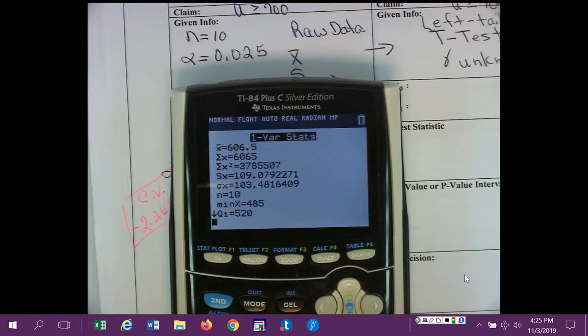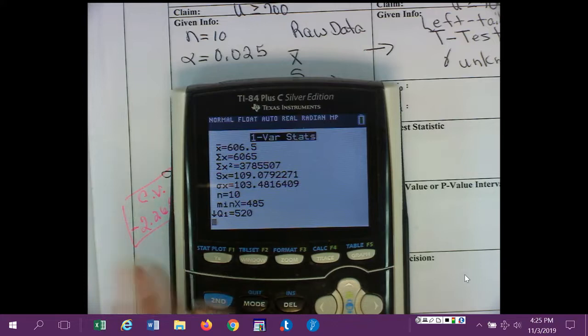So my mean is 606.5. Our raw data values were whole numbers, so if we did round, we'd round to the nearest tenth, but we don't have to because it's exactly 606.5. The S is going to be 109.1, rounded to the nearest tenth.